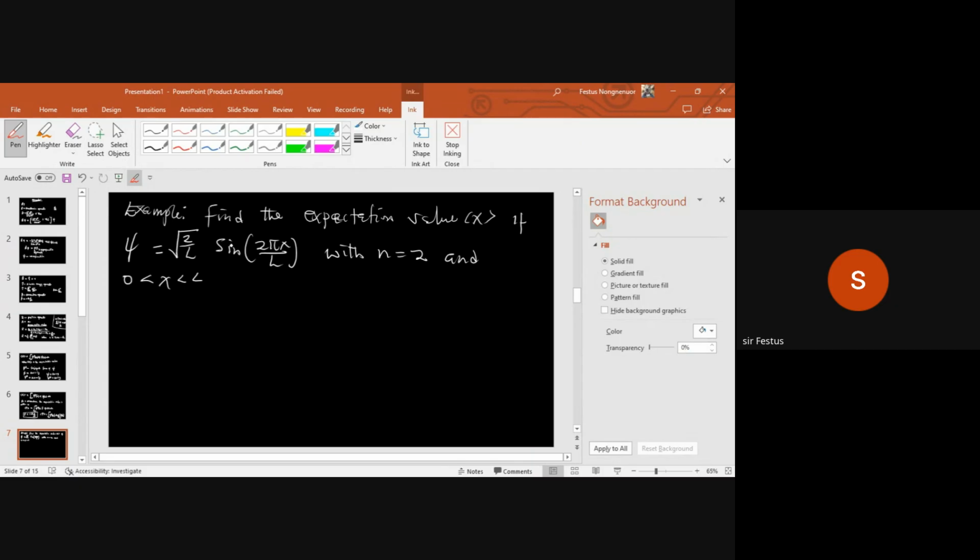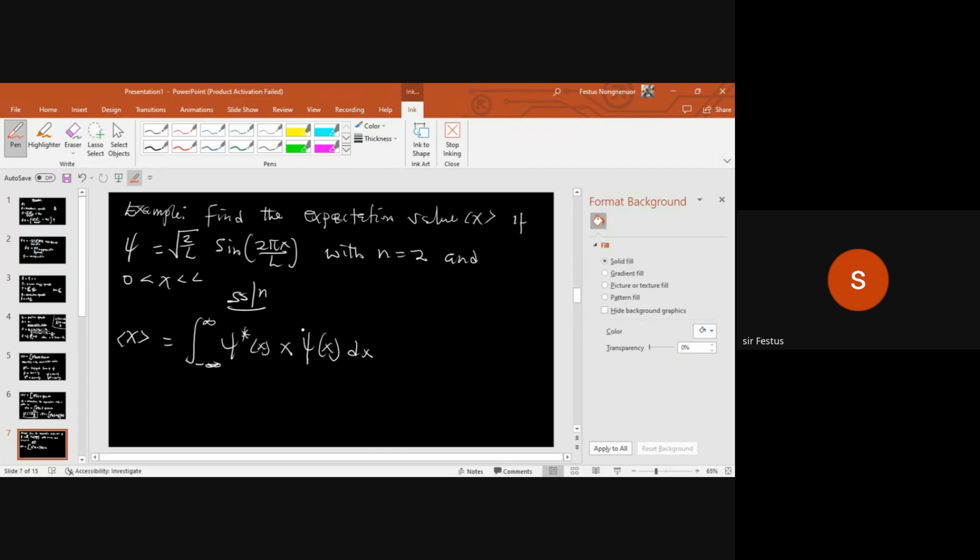So now this is a question before us, and our aim is to find the expectation value of x. So you first of all define your expectation value expression. So our expectation value of x will be equal to the integral from minus infinity to infinity of psi conjugate of x, then multiplied by x, then psi of x dx.